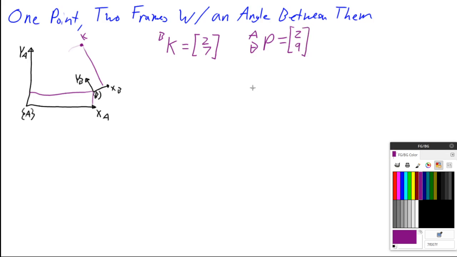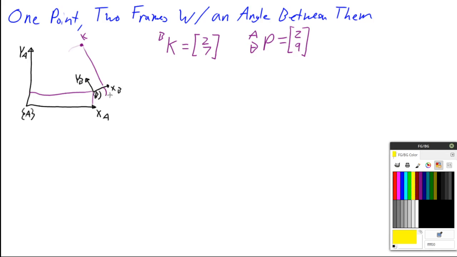That's where it's at. And then the last real piece of information we need to know is the angle of XB relative to XA. So if you were to bring this right down, what would that angle be?